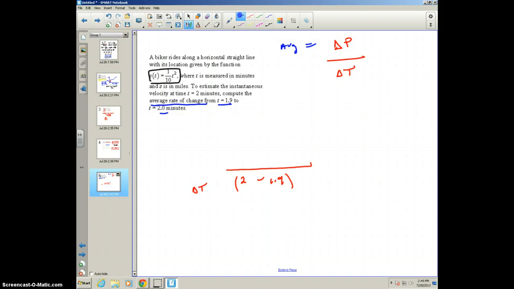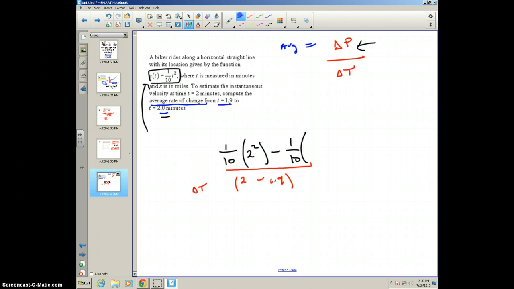So basically, we're going to plug the points 2 and 1.9 into this equation here. So we're going to do 1/10 times 2 squared. So that takes care of this 2 right here. Then we're going to do minus 1/10, because this is change in position.